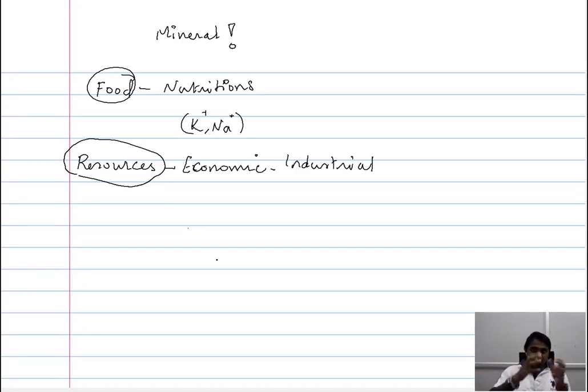Unlike the context of nutrition wherein the minerals are added by an industry or a producer, in the industrial context or the context of a resource, the minerals are present in the earth. So they are naturally occurring, present on the surface of the earth.